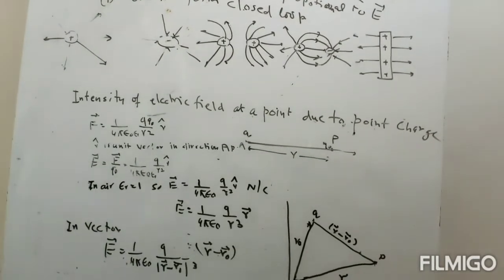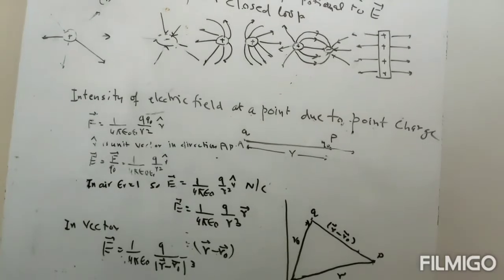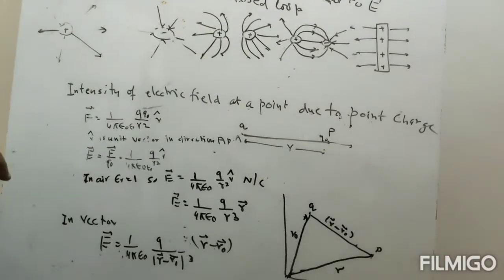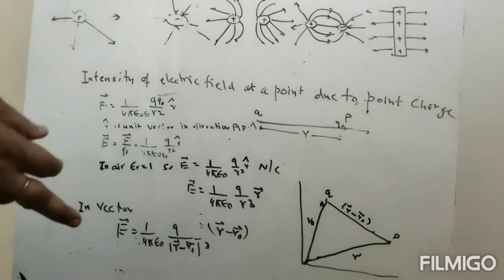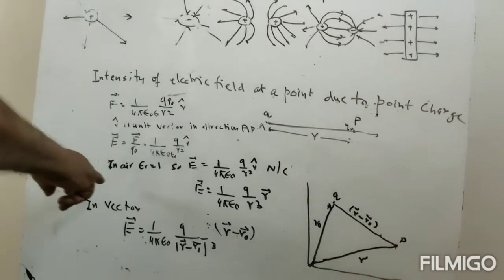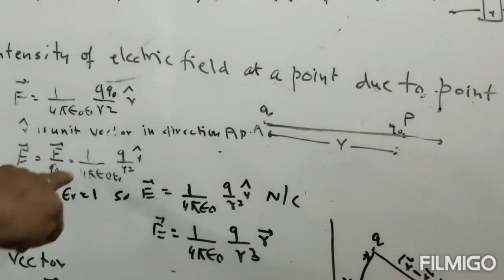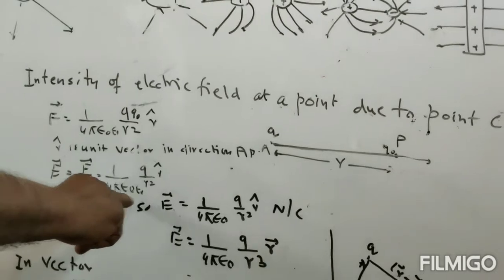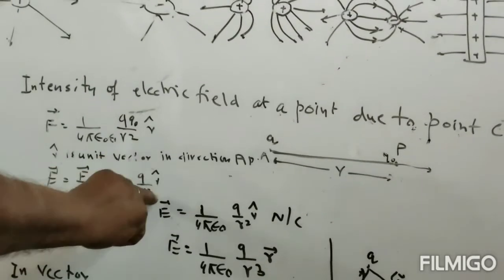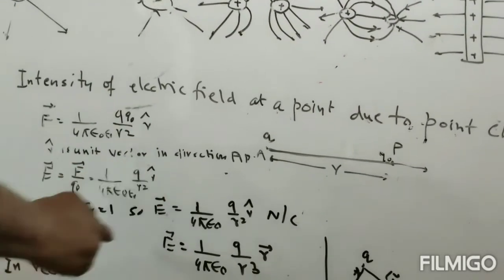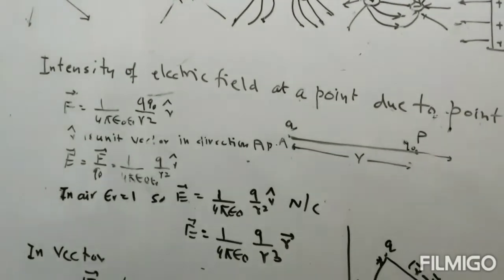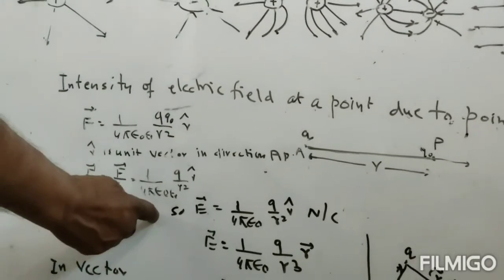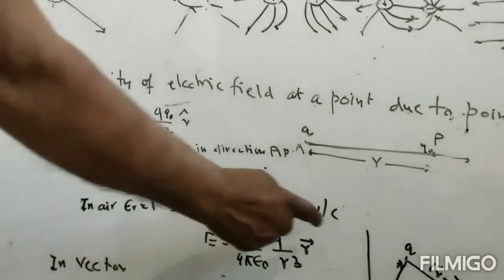Then the electrical field, as we know, is force divided by Q0, which is the charge of a test charge. Then the electrical field will be equal to 1/4 pi epsilon 0 epsilon R, Q by R square into R cap. Now in the case the medium is air, epsilon R, the dielectric constant of air, is 1.